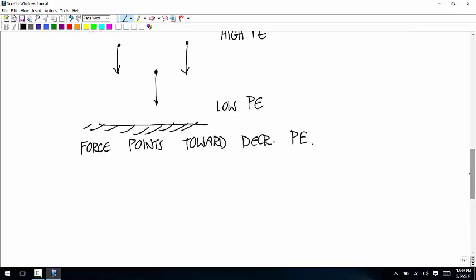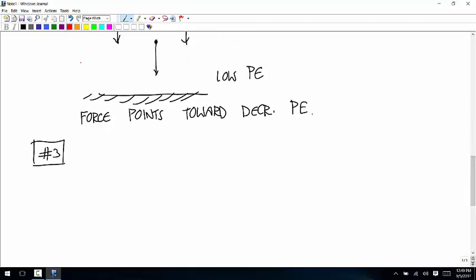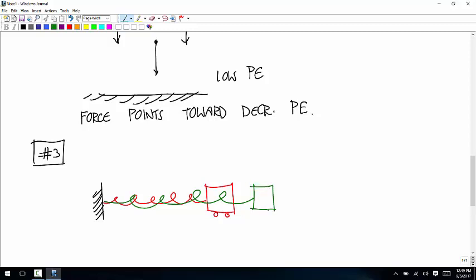So number 3 now, let's think about spring potential energy. Okay, so here is the starting point. And oops, the spring's connected to the wall over here. Okay, so what happens if you move the object this way, stretch the spring?